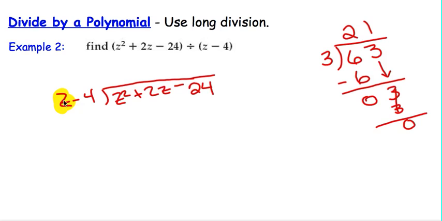How many times, or in other words, what do I have to multiply z by to turn it into z squared? Well, z times z is z squared, so I'm going to put z up here. I now have to take my z and multiply it by both parts over here. So z times z is z squared. Negative 4 times z is negative 4z.